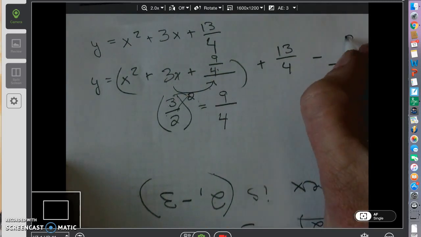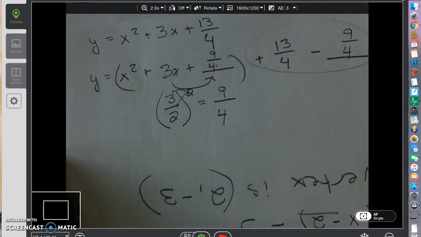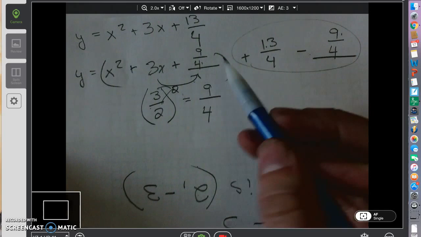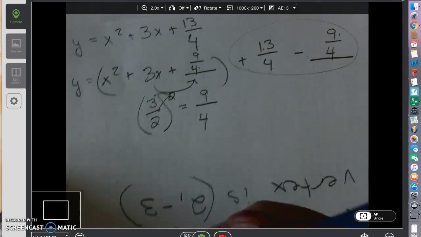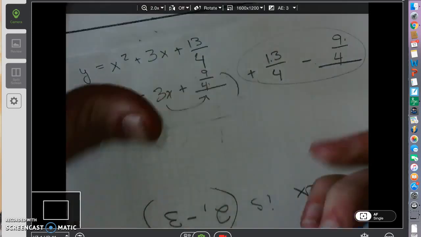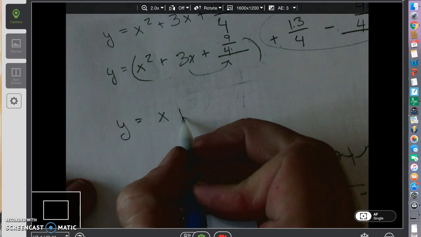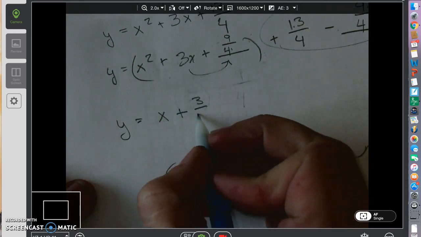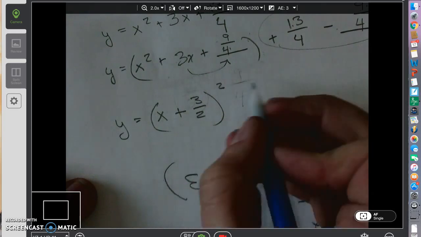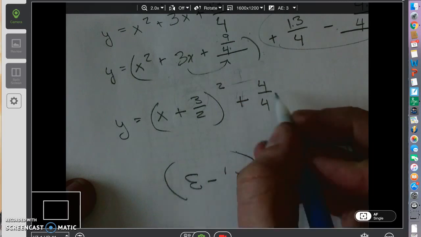Then I'm going to put a 9 over 4 right here. This is the part that I have to simplify. So I'm going to do 13 minus 9, which is 4. Now when I write this in vertex form, I get y equals x plus half of this, which is 3 over 2, squared, and then 13 minus 9, which is plus 4 over 4, which is 1.